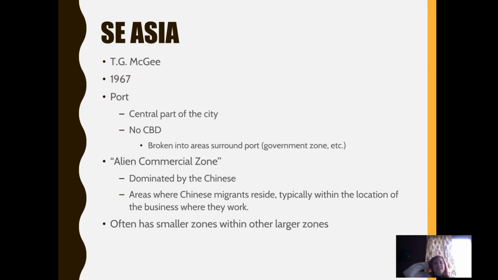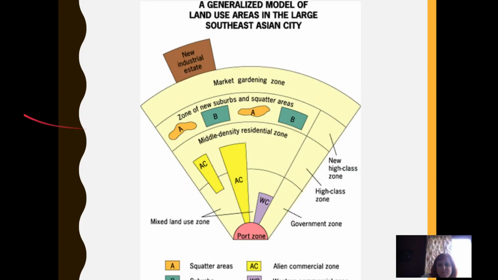Okay. Southeast Asia model, 1967. This one's a lot more focused on economics of a city than other city models are. There is no CBD. There is a port that is the focus of this model. Okay, what makes this one different? So we have squatter areas. These yellow things are a different thing, though.